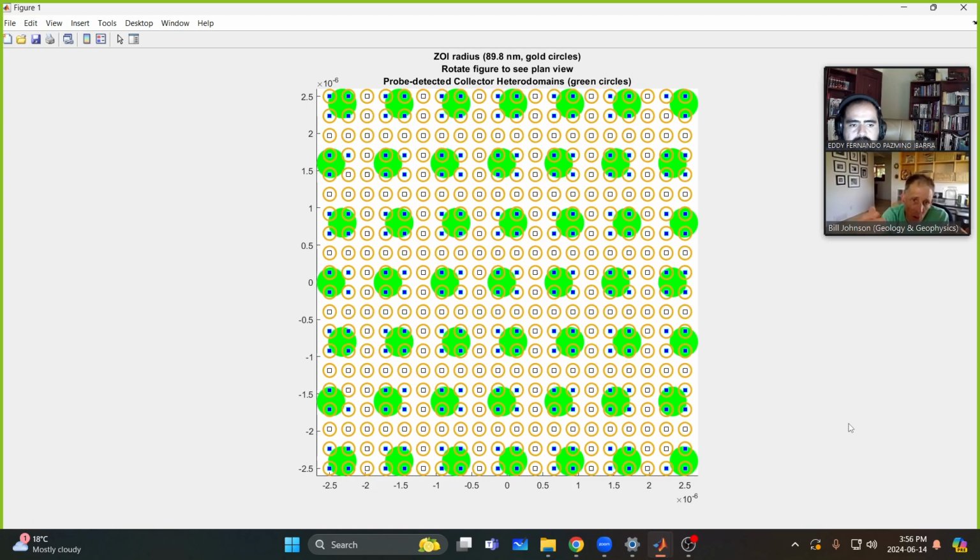And so Eddie is rotating to show that the variability in AFRACT that you saw by those blue squares reaching different distances up towards unity is caused by the overlap of the zones of interaction, as shown in the gold rings, with the heterogeneity, as shown in the green circles. And so the more overlap there is, the more the fractional coverage goes towards unity.